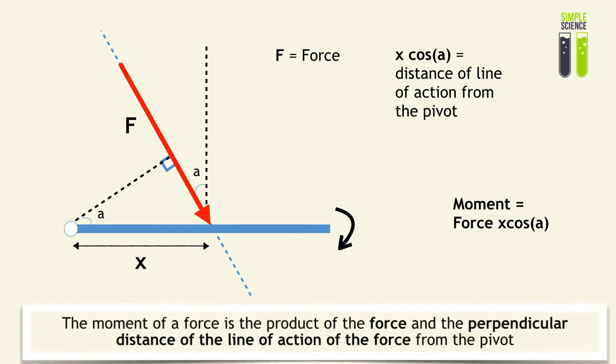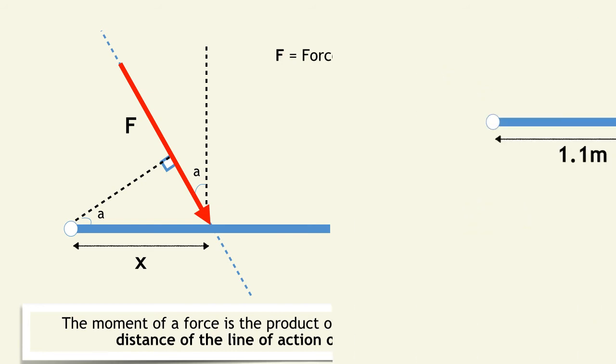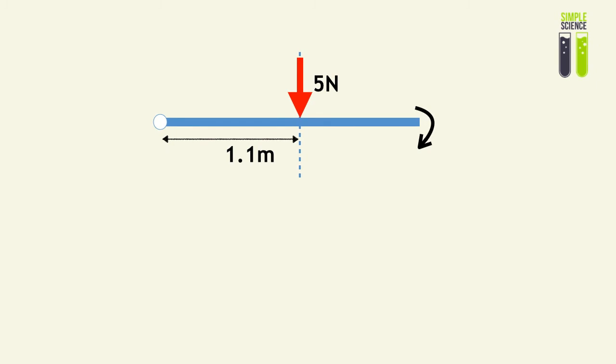Remember, that's how we define it, right? So that's basically the moment of a force at an angle and the moment of a force perpendicular to the beam. And let's look at an example.